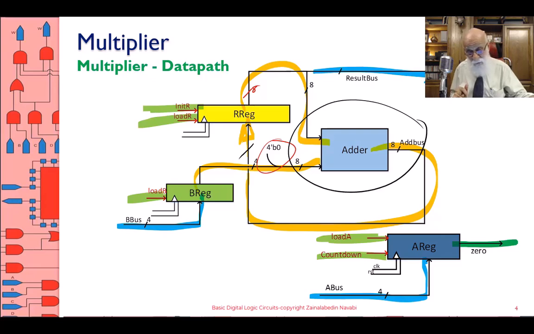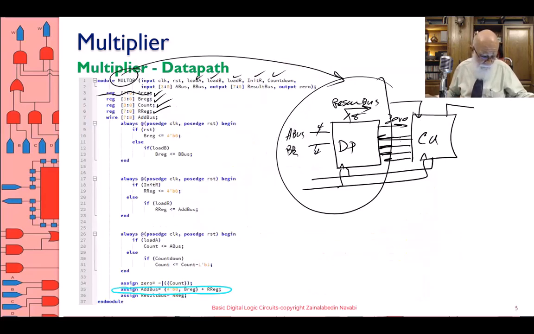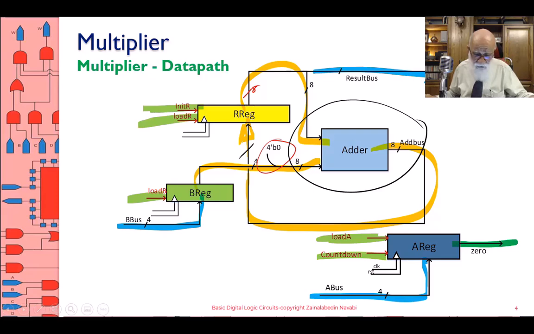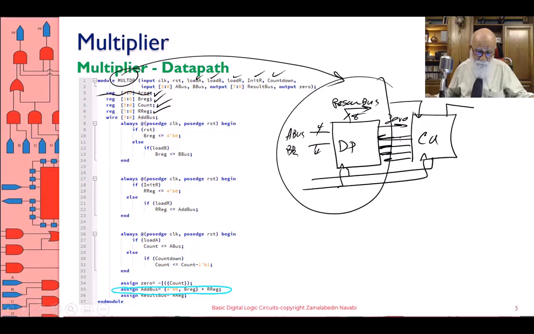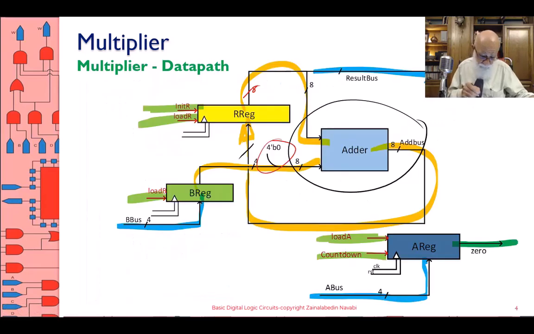Okay, now let's concentrate on doing the registers, the interconnections, and also the combinational parts. We have actually done one of the registers already. Let's do the B register. The B register is green, and so let's do this.